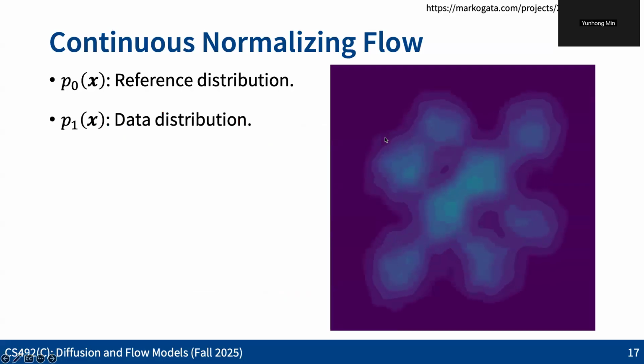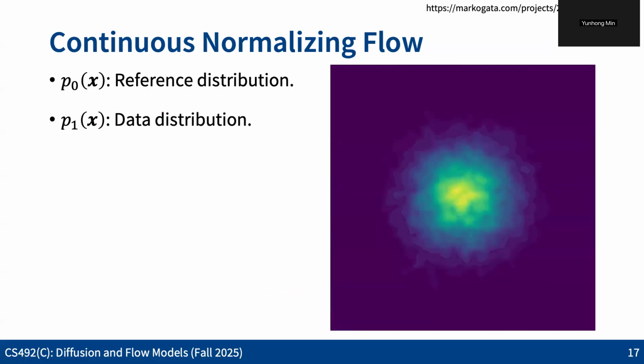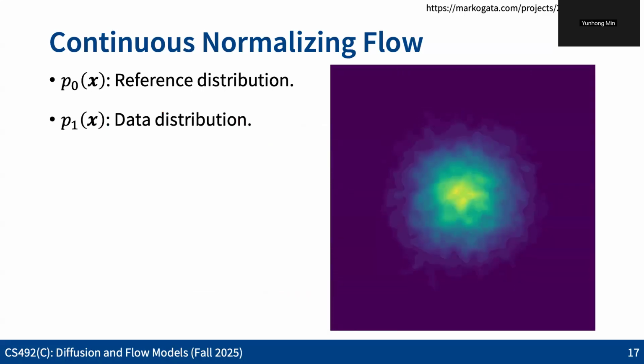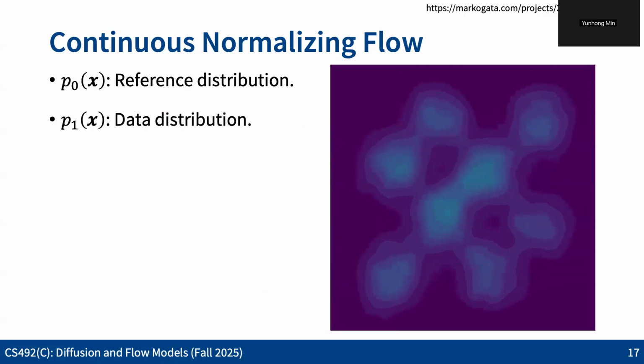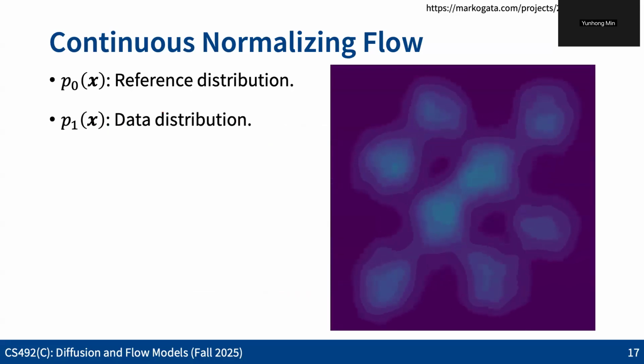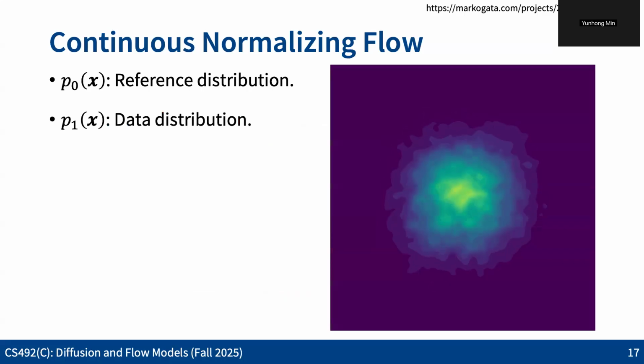So basically, you're gonna see that the discussion for every generative model is kind of the same. We set a reference distribution, which is typically the standard Gaussian distribution, and the target distribution, which is P1 here.